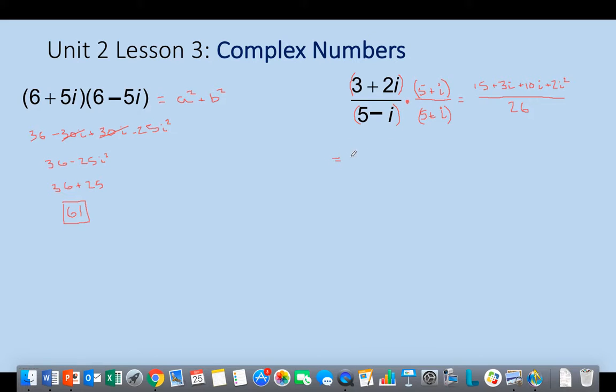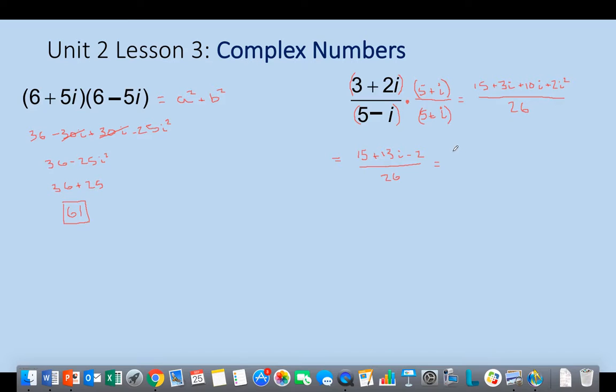In the numerator, I'm going to start combining some like terms. I've got 15, and then 3i plus 10i is 13i. And then i squared is -1, so 2 times -1 is -2, over 26. And so again, I've got some more obvious things to combine.